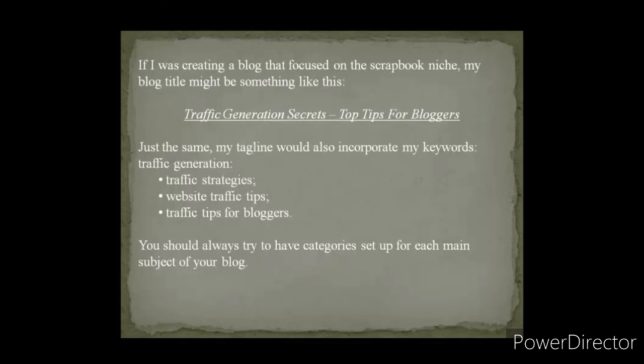Another very important tip is to use anchor text links within your content, rather than post the direct link itself, so that you can rank for specific keywords rather than just your website's domain.